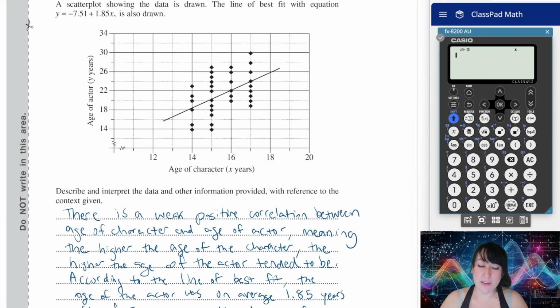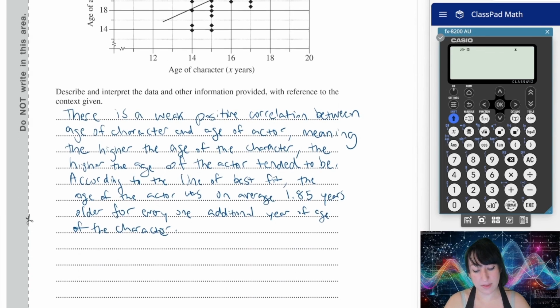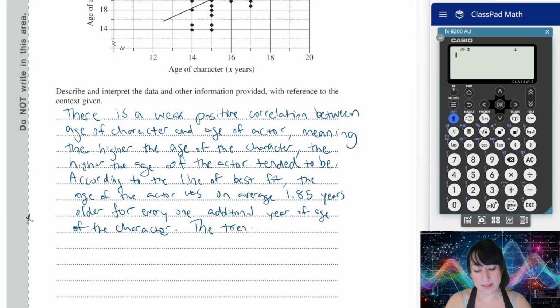And also why we're getting something weird like negative 7 years old, right? So we would mention that the trend is only valid for characters years 14 to 17, or something to that effect.